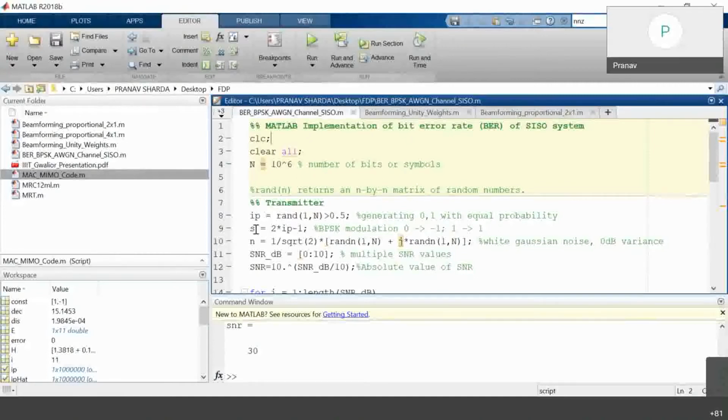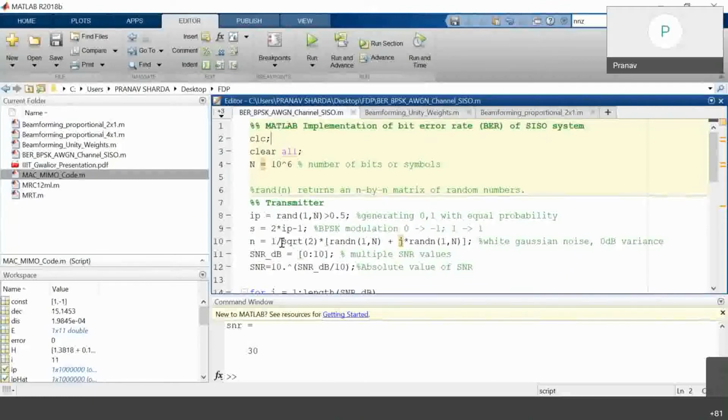In line number 9, we define our modulation scheme, the specific modulation scheme we are going to use. We define a variable s equal to 2*ip minus 1. Since ip is either 0 or 1, as generated in line number 8, correspondingly s will take a value of minus 1 or 1.